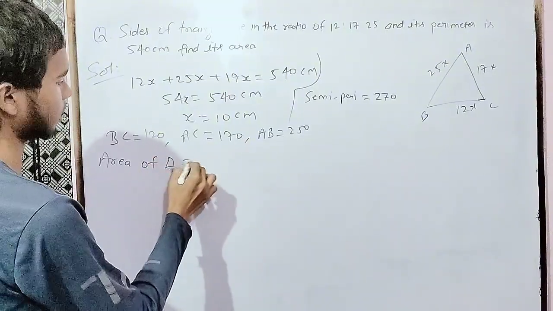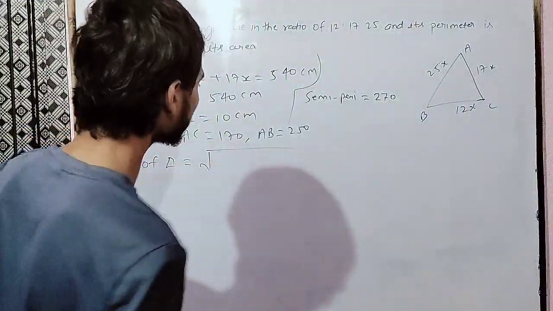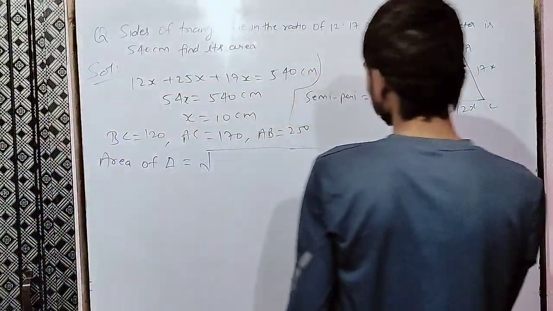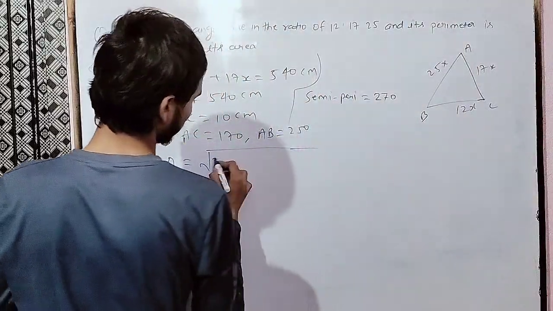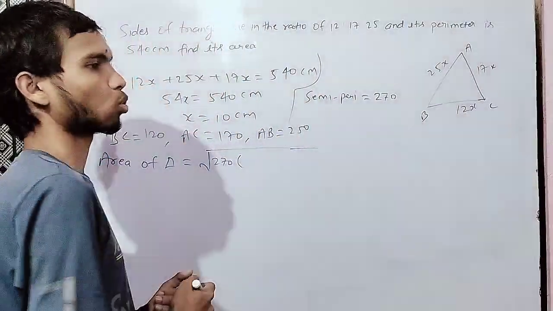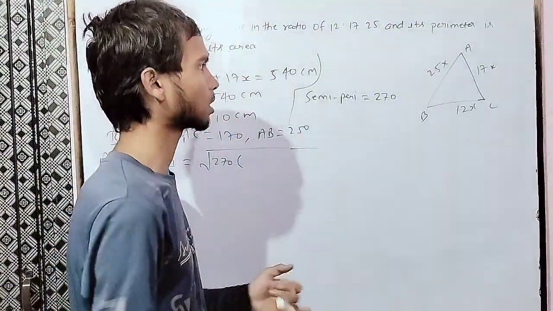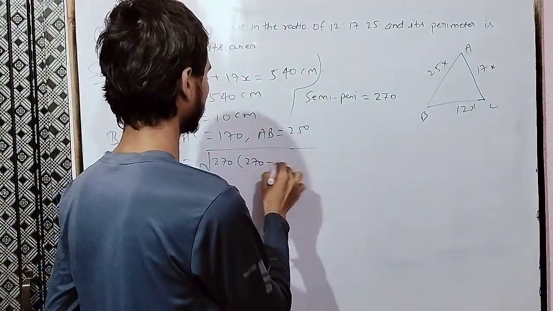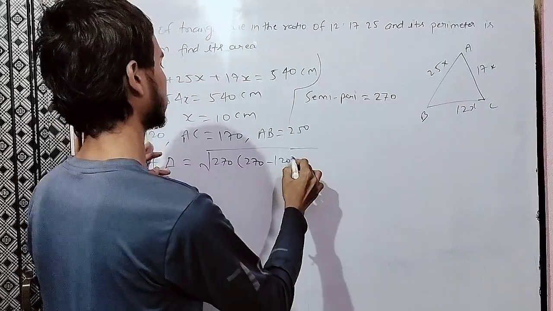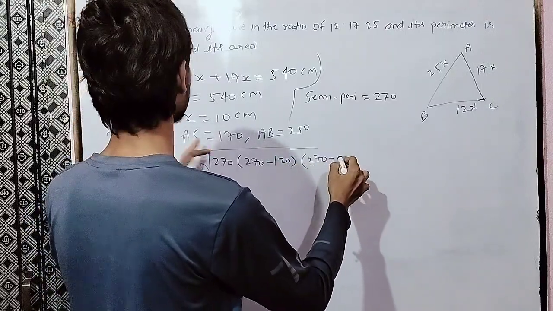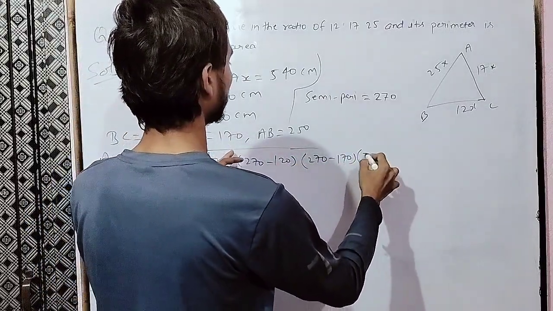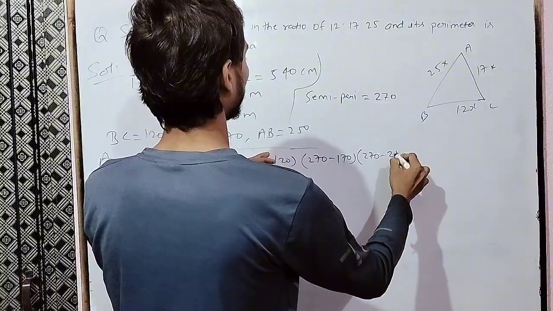Area of a triangle is what? Area of a triangle is the square root of semi perimeter 270 times 270 minus 120, 270 minus 200, 270 minus 250.